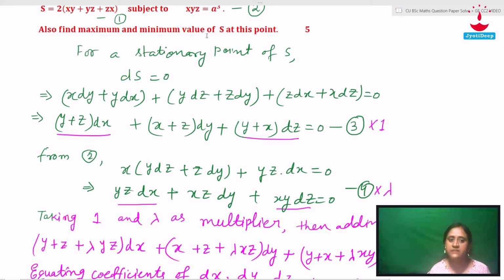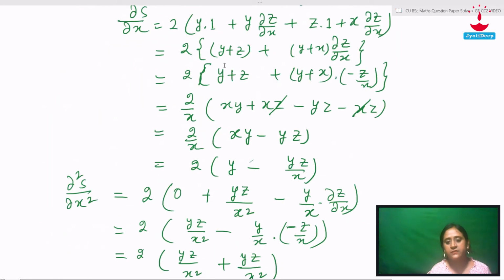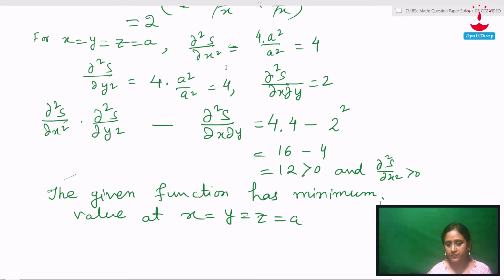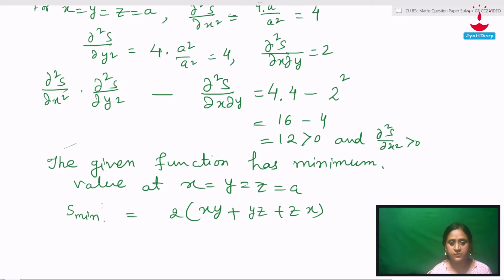Okay, so what is the s minimum at this point, this is equals to 2 into xy plus yz plus zx. This is equals to 2 into a square plus a square plus a square.